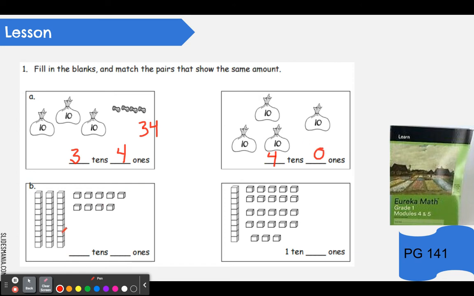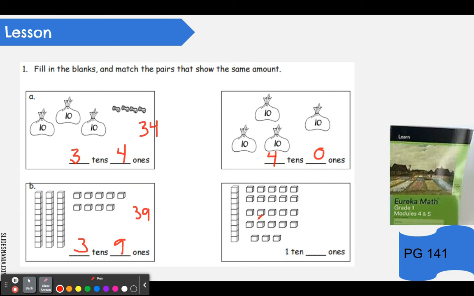Now let's go ahead and look at B. That would be 1, 2, 3. I see 3 tens. So I would write 3 tens. And then how many ones do you see? It's a group of 5, 6, 7, 8, 9. So this is 3 tens and 9 ones. I'm going to write the number on the top, which is 39, and I'm going to place it right here.